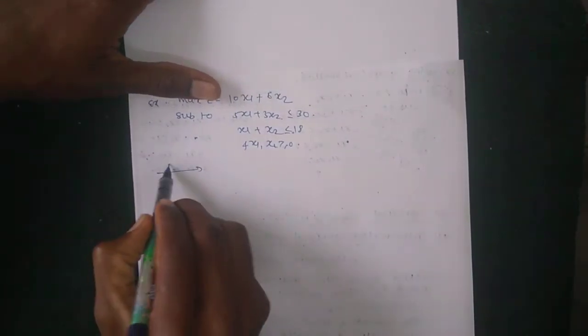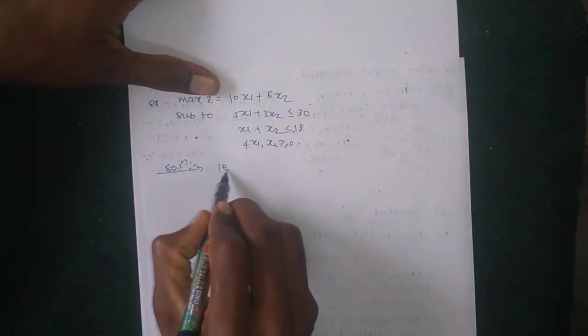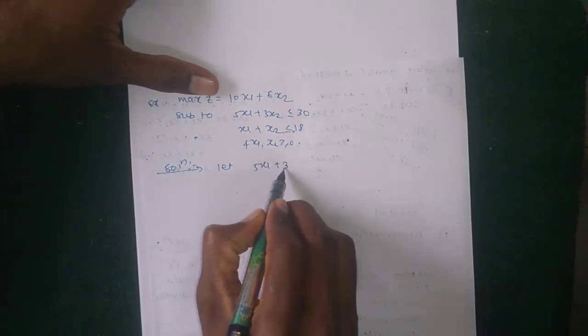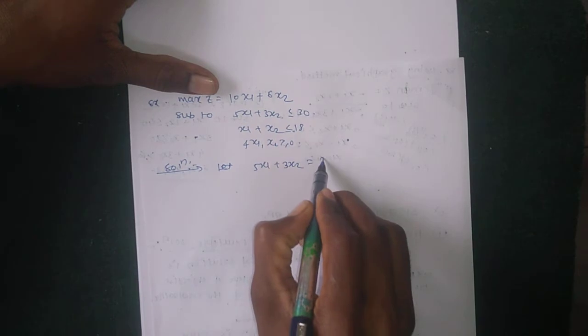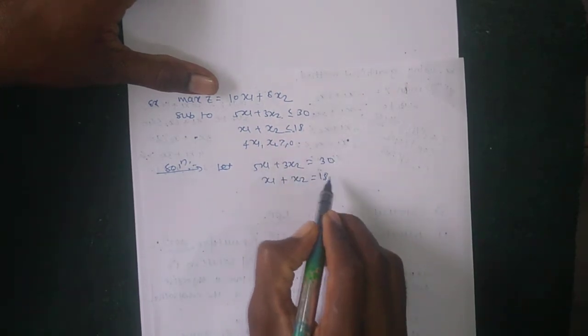So, solution of this problem: let us first write all constraints in equality form. 5x1 + 3x2 = 30, then x1 + x2 = 18.